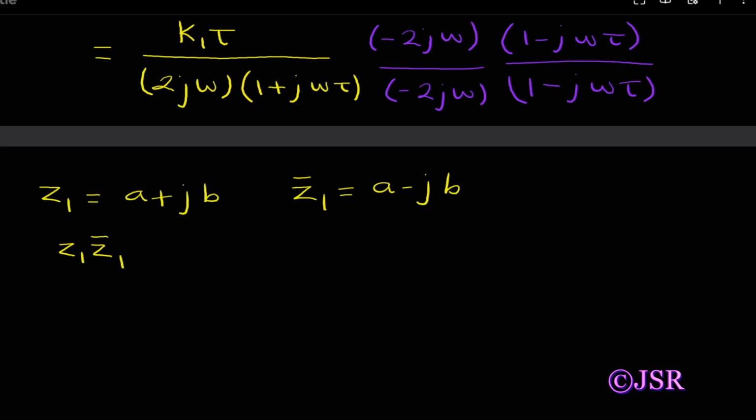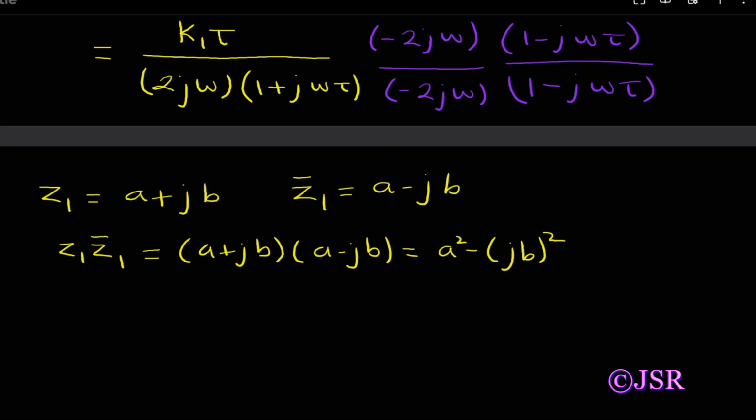So z1 into the conjugate of z1 equals (a plus jb) times (a minus jb), which can be written as a square minus (jb) whole square, that is a square plus b square, which is the magnitude square of z1.